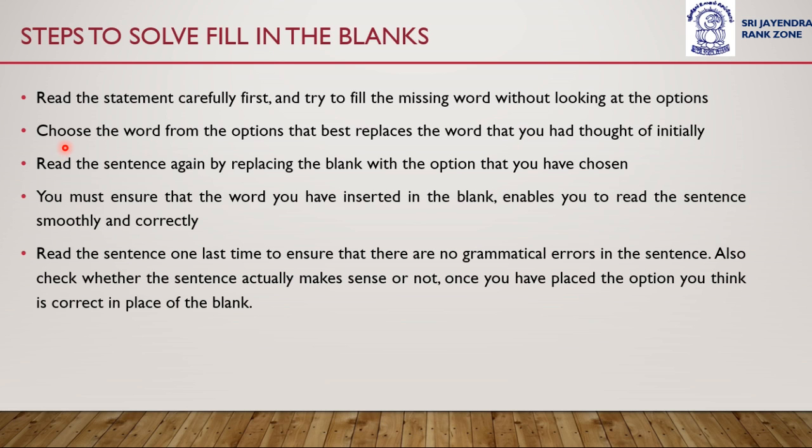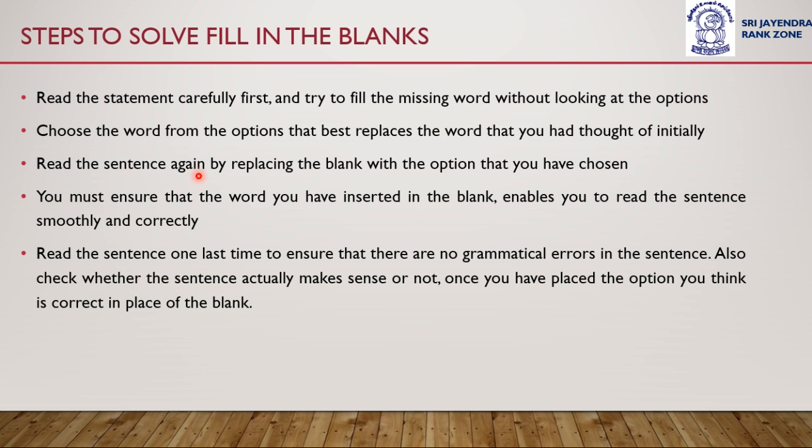Step number 2. Choose the word from the options that best replaces the word that you had thought of initially. So you need to choose the word from the options which is closest to the word that you had thought of initially. Step number 3.